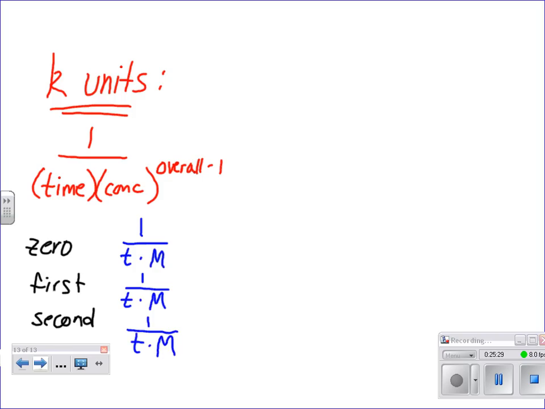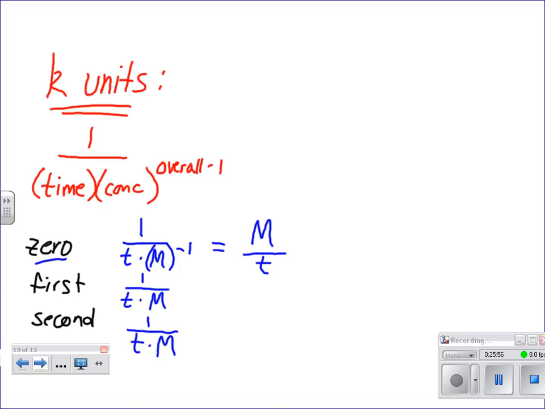Okay, so I just rewrote that in every situation. In a zero order, our overall order is 0, so 0 minus 1 is what we're raising this concentration to, the negative 1. Well, what does that equal? You just take the reciprocal of that. So that's going to be molarity divided by time, which is quite often seconds, but it could be any unit of time.